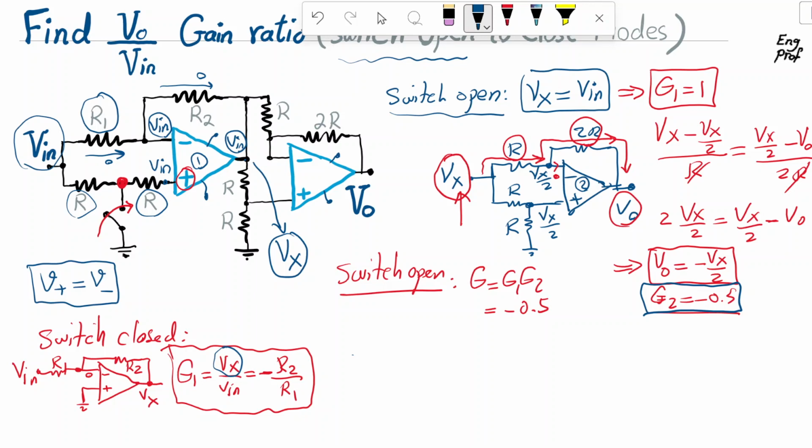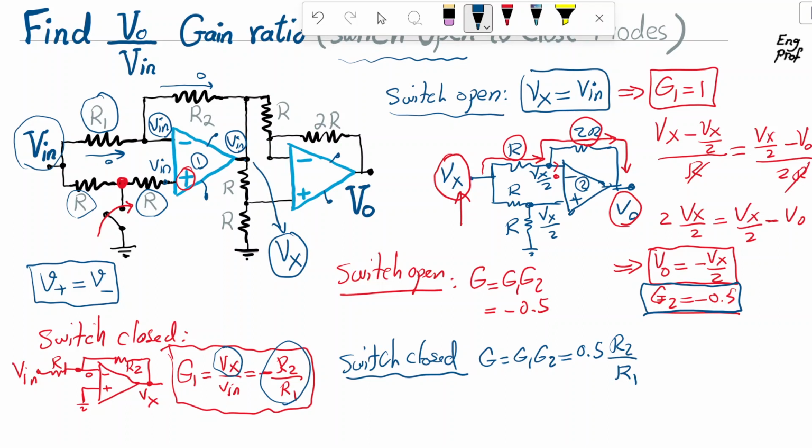Therefore, for the switch closed scenario, the gain is again gain 1 times gain 2, and in that case it is negative 0.5 times negative R2 over R1. So it is just 0.5 R2 over R1.